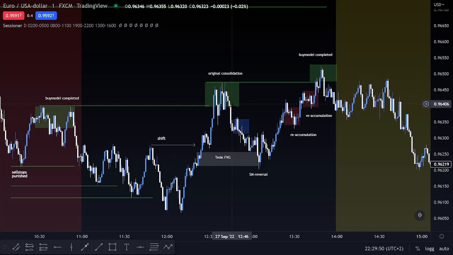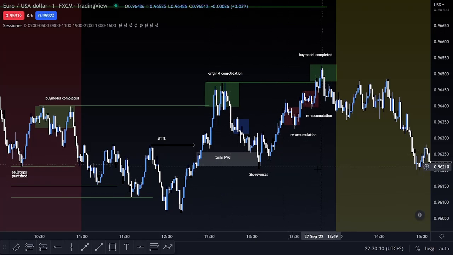So this sell phase of this Marketmaker buy model, this pullback, pulls back into this fair value gap here, and some students are just going to take an entry off this fair value gap alone by itself.